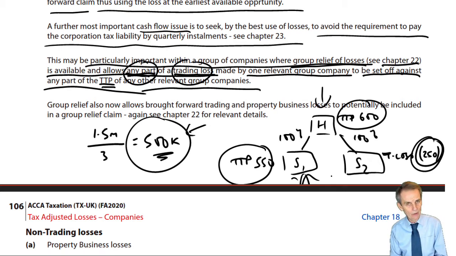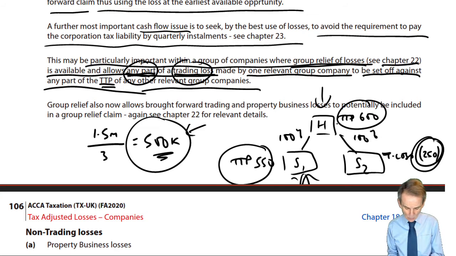We need to check, of course, that each of those 2 companies was large in the previous accounting period. On that basis, it would mean that quarterly instalment payments would be due for this period. The use of the loss would, of course, allow us, if we'd already made some of those quarterly instalment payments, to get our money back. We could avoid those quarterly instalment payments.